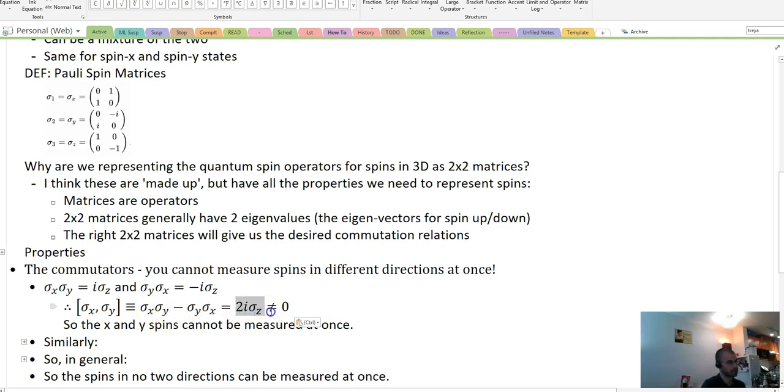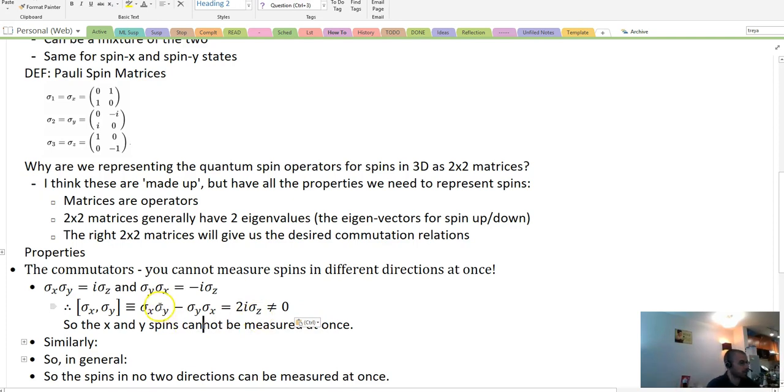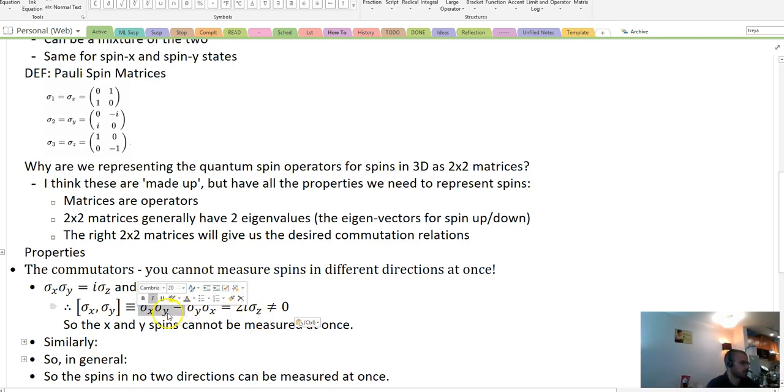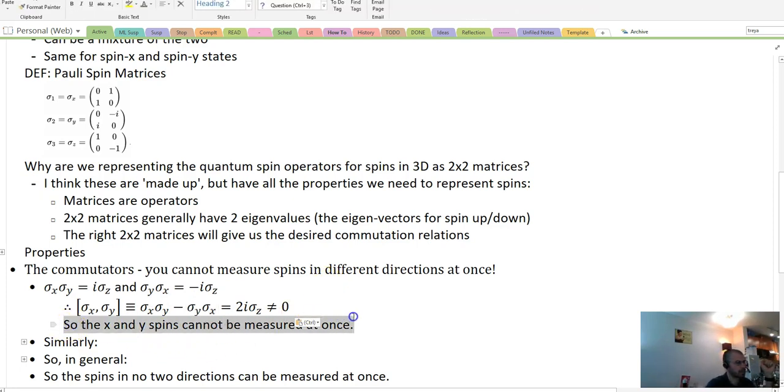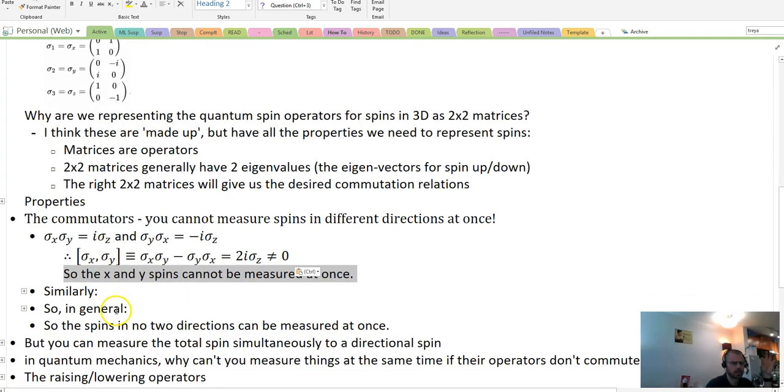In this case, it's this. And the important thing here is that this is not 0, which means they don't commute. If they did commute, then measuring y then x would be the same as measuring x first and then y, because the difference is 0. But they don't commute, which means that x and y spins cannot be measured at once. All right? I'll go into this in a bit more detail later.